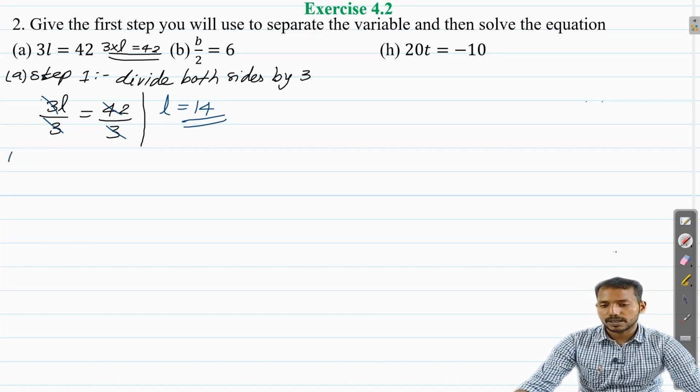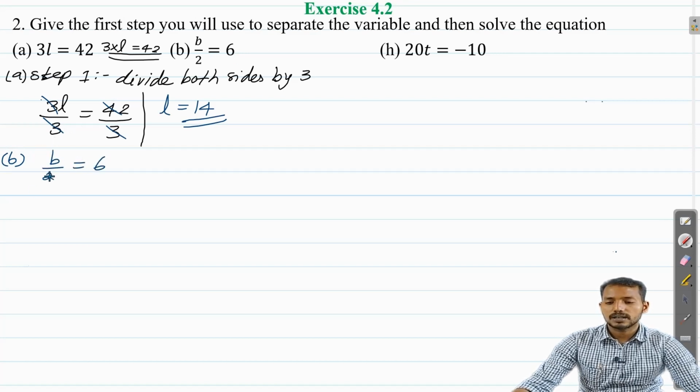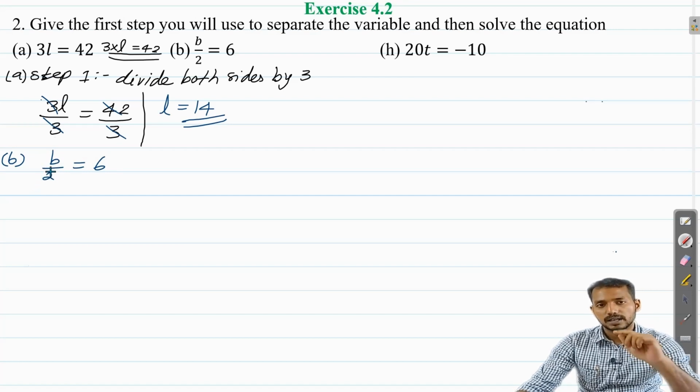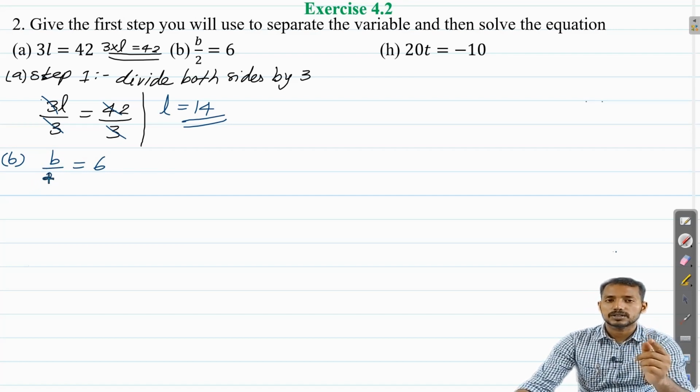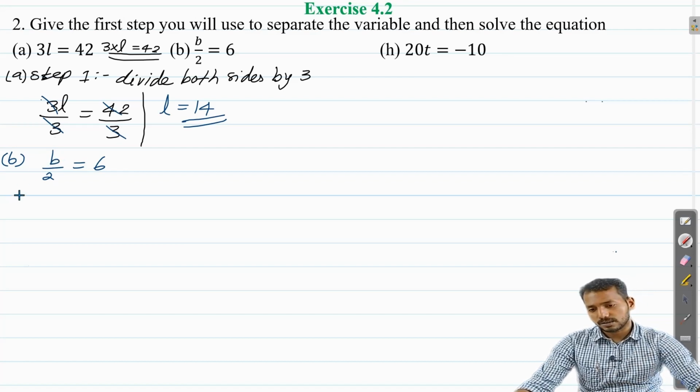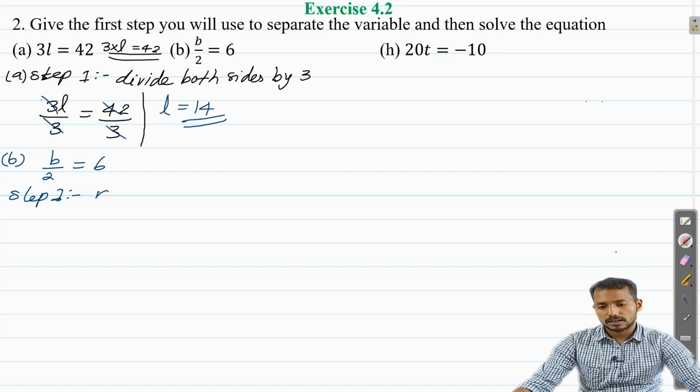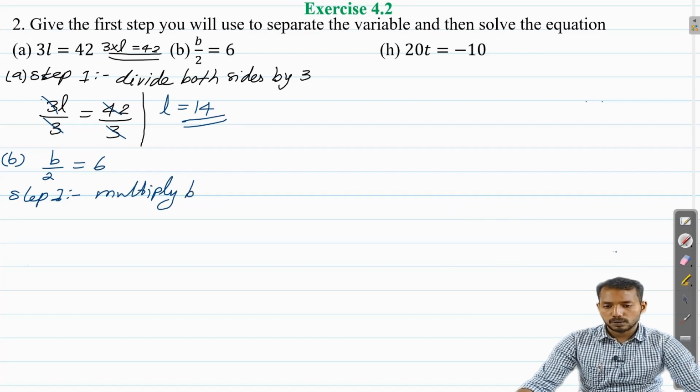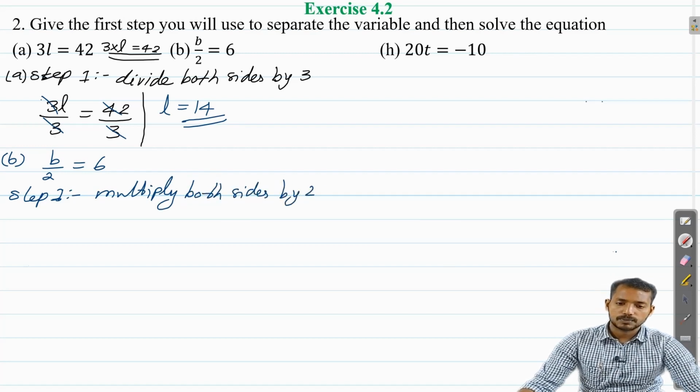Next option B. B divided by 2 is equal to 6. So here B divided by 2. To eliminate 2 from this variable term, we need to multiply. So step 1 is multiply both sides by 2.